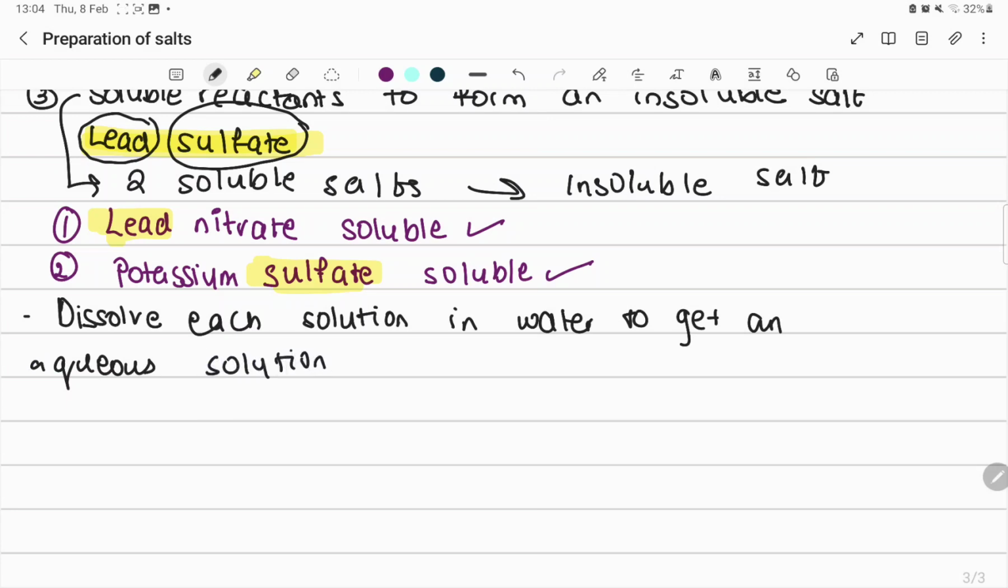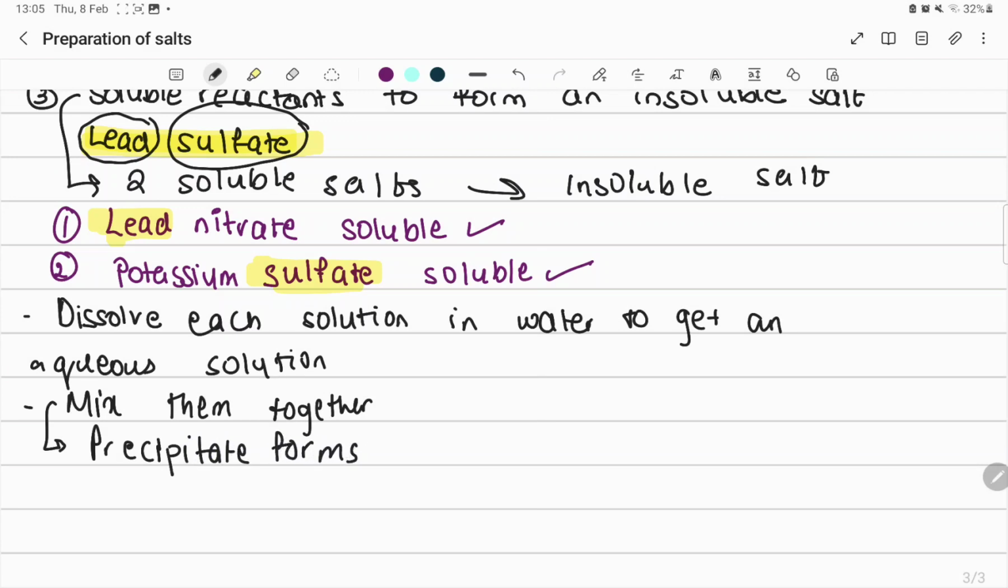Then when you have your two solutions, what you will do, you will mix them together. And when you mix them, a precipitate forms. This precipitate is the salt that you were aiming to make.